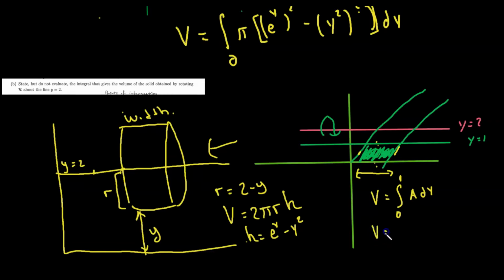So we can set it up, no problem. 2 pi times r, 2 minus y, times height, e to the y minus y squared, dy, and that's the answer. So it's not that bad.